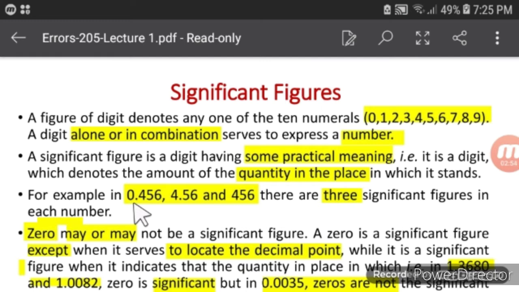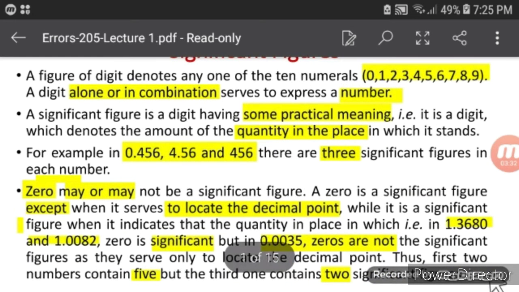But whenever it is not used to locate the decimal point, like in 1.3680, here 0 is not used for pointing out the decimal point, so it is a significant figure. Now calculate how many significant figures are there in the value 1.3680. So here are 5 significant digits.